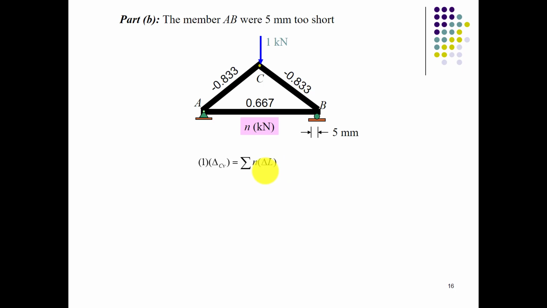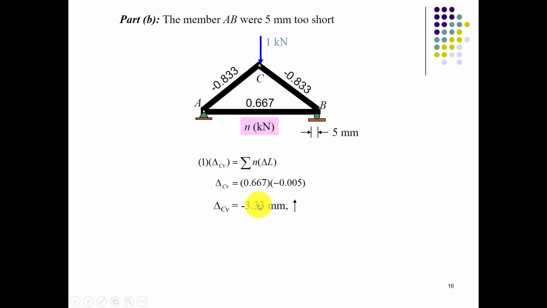So you will compute the value of delta L into this AB element. Then you can see that there is a deflection of 3.33 millimeters upward due to this support, due to some 5 millimeter shortage of this length AB.